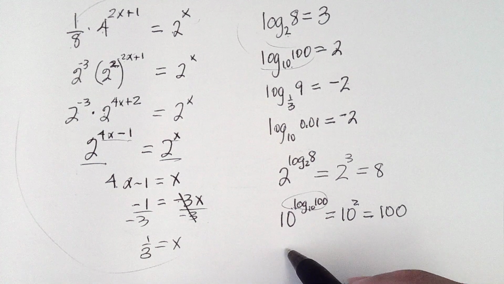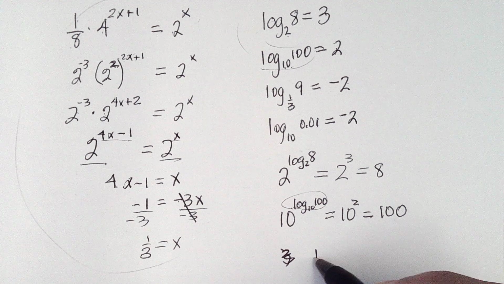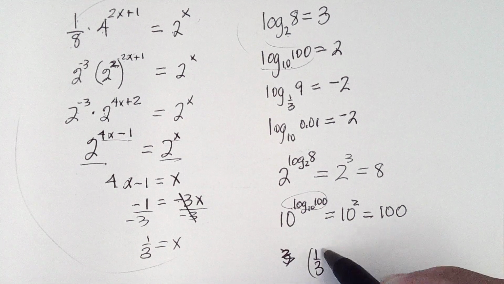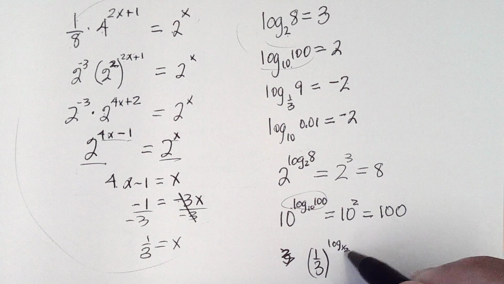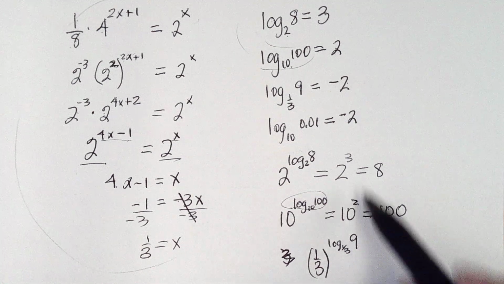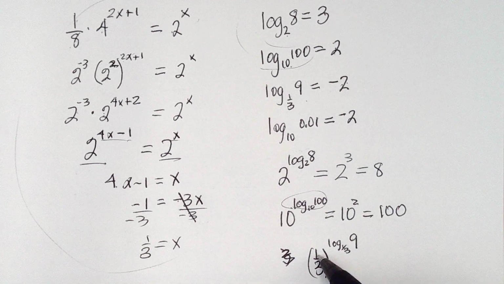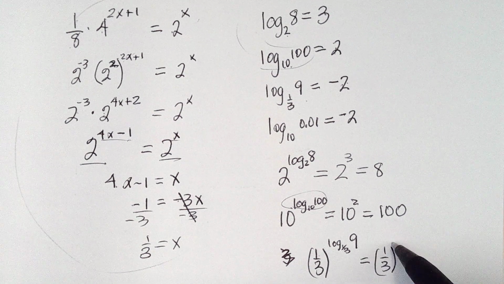Or I could say, let's do this. 1/3 to the power log 1/3 of 9. Well, we decided this was negative 2, so I'm taking 1/3 to the negative 2.